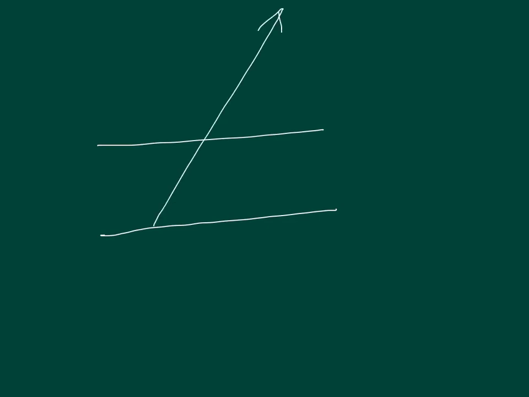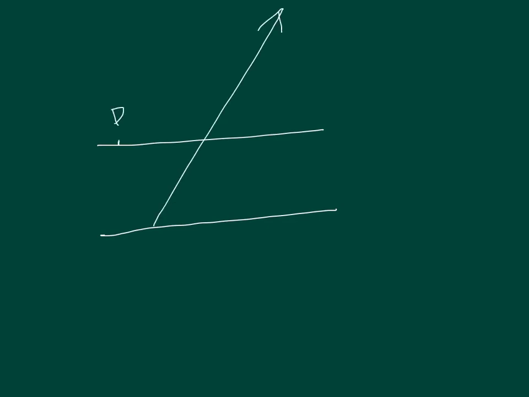Problem number 9, standardized test prep. In the figure at the right, ray BG intersects line AC at point B. Ray BG intersects segment DF at point E. Angle ABG and angle GEF are supplementary. So we've got that, and we've got the ray.